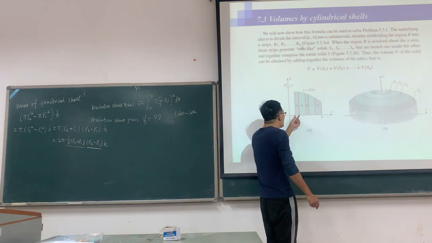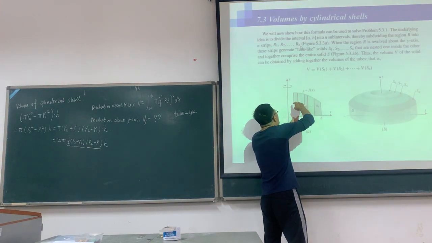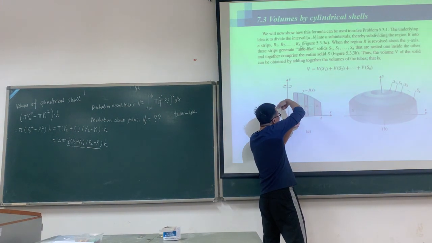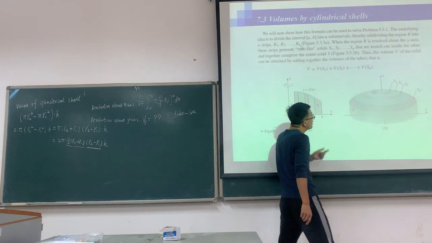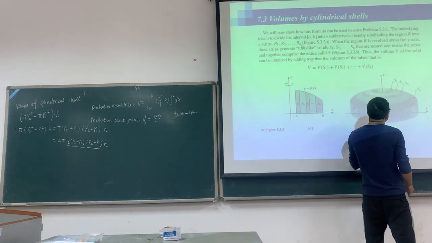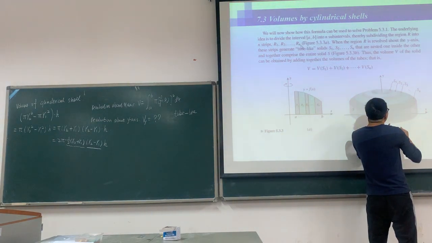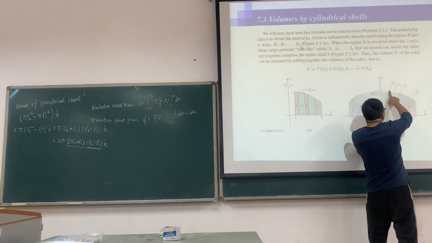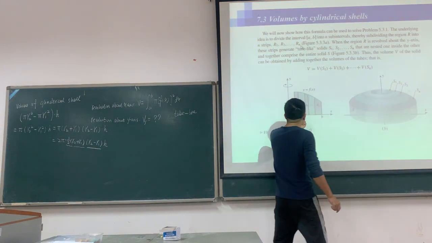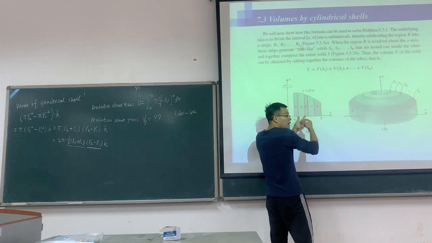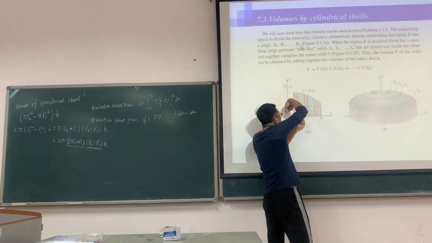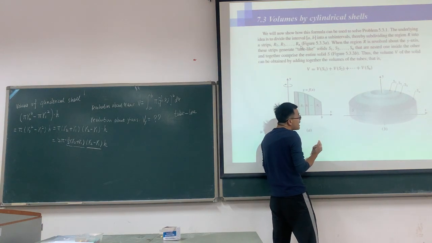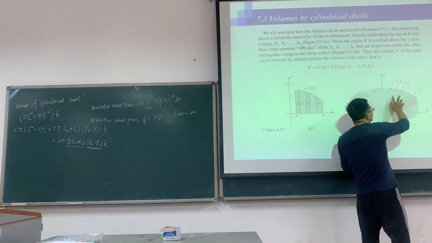The first strip R1 revolved about the y-axis gives us the first tubular solid, S1. R2 revolved about the y-axis gives the second tubular solid, S2.